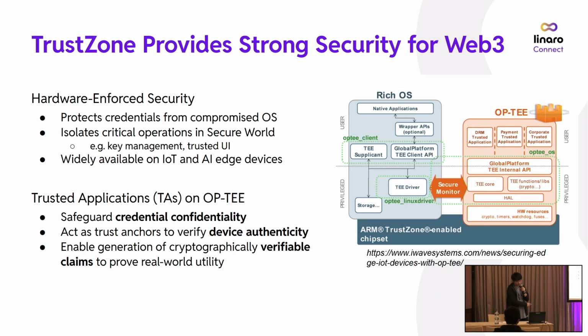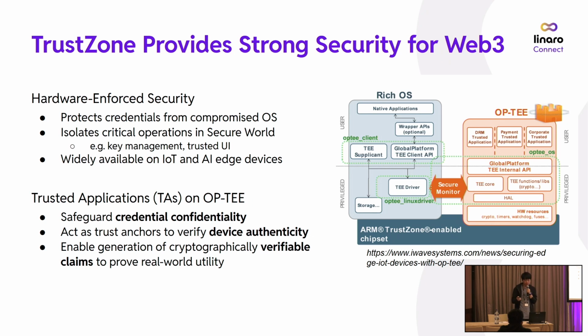TrustZone is, I think, a perfect technology to provide strong security for Web3 in those cases, especially when we have the ability to build trusted applications. I think a very good example is Samsung.